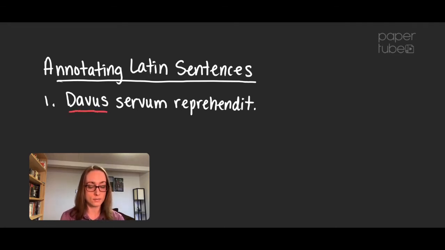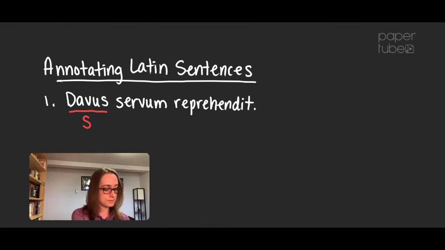How can I tell? Because Davus ends in a US, that is a masculine subject ending that we've all learned. The other way I can tell is servum ends in a UM, and that is not typically a subject ending. So Davus is our subject, he's the one doing the action.